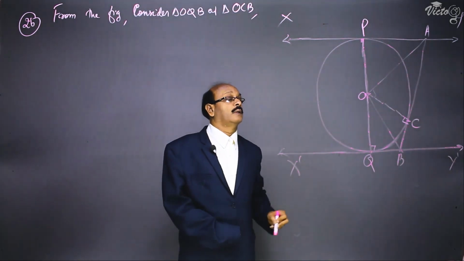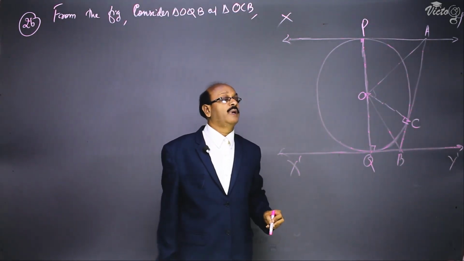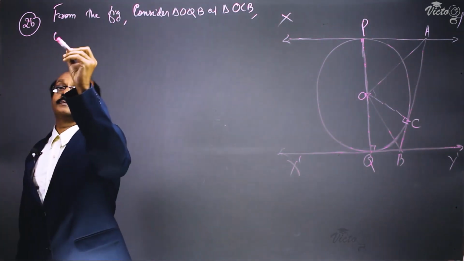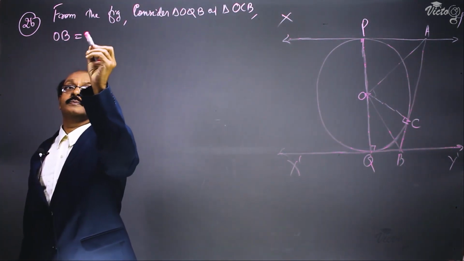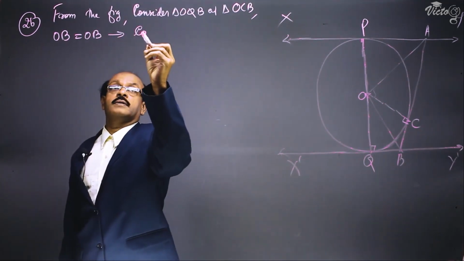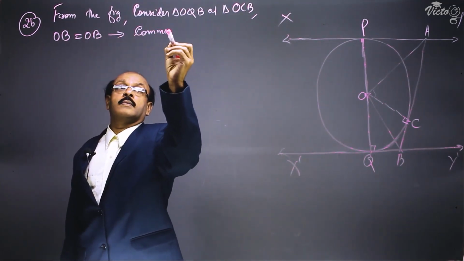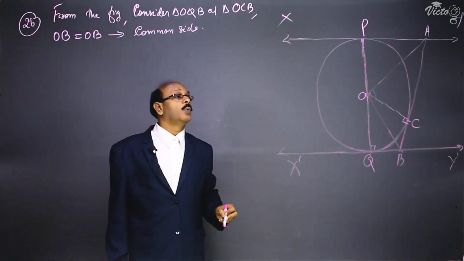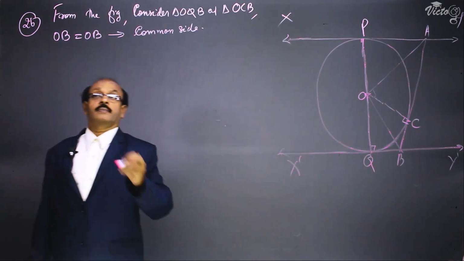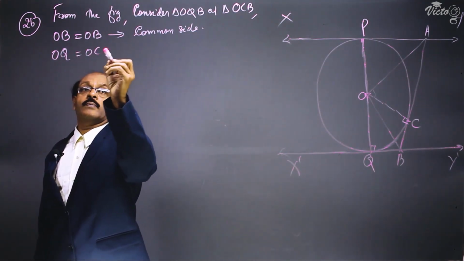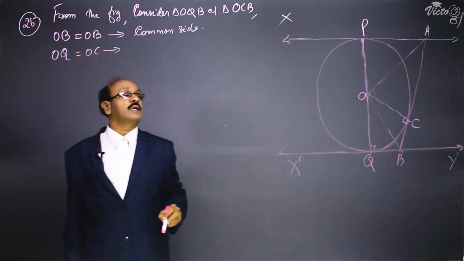In these two triangles, OB is equal to OB. Common side of the two triangles. Now, OQ is equal to OC. Radii of the same circle.